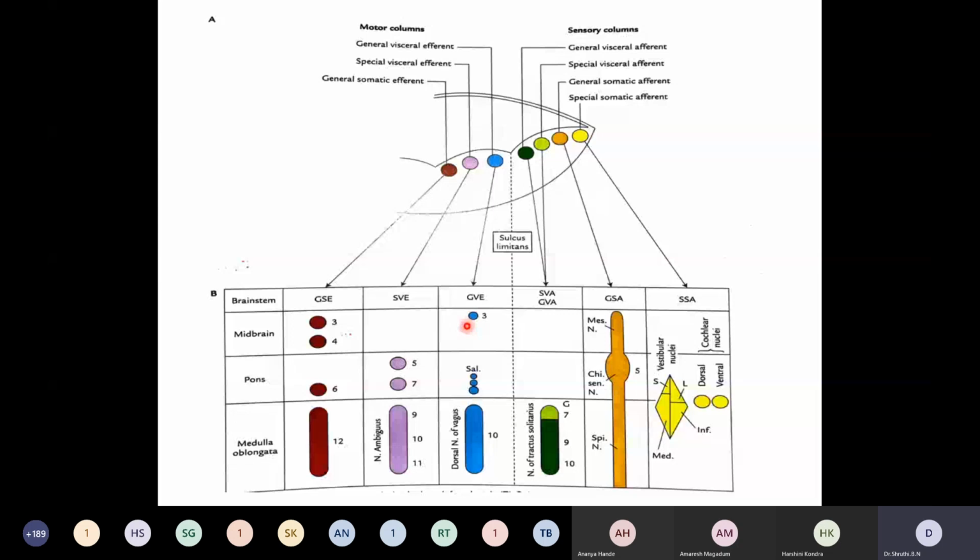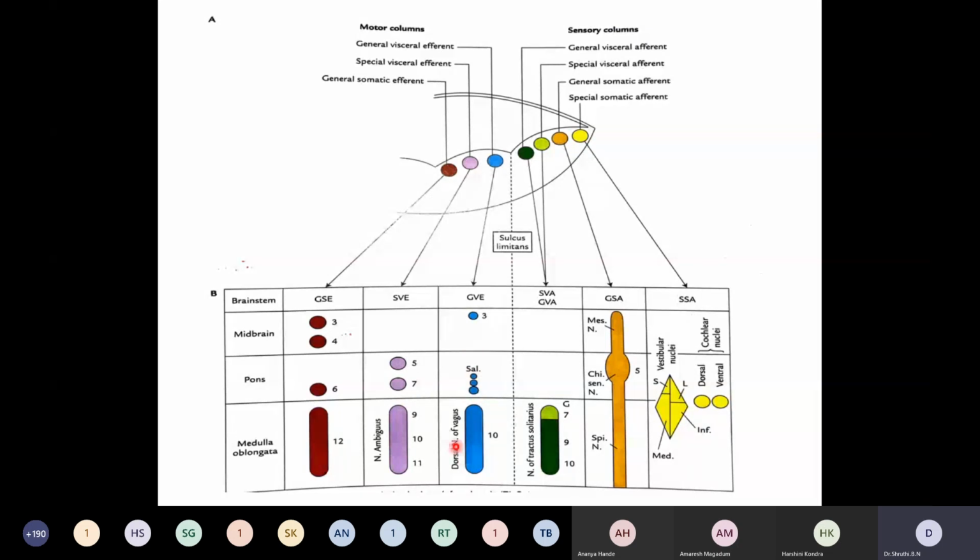Then in the pons, you have the superior salivary nucleus and the lacrimatory nucleus. The superior salivary nucleus supplies the submandibular and sublingual glands, and the lacrimatory nucleus supplies the lacrimal gland. Now you can correlate: the submandibular gland carries the preganglionic parasympathetic fibers from the superior salivary nucleus. This is how it is derived.